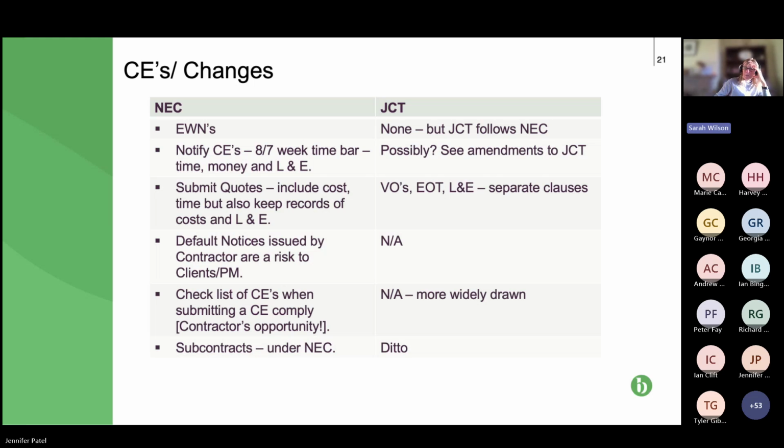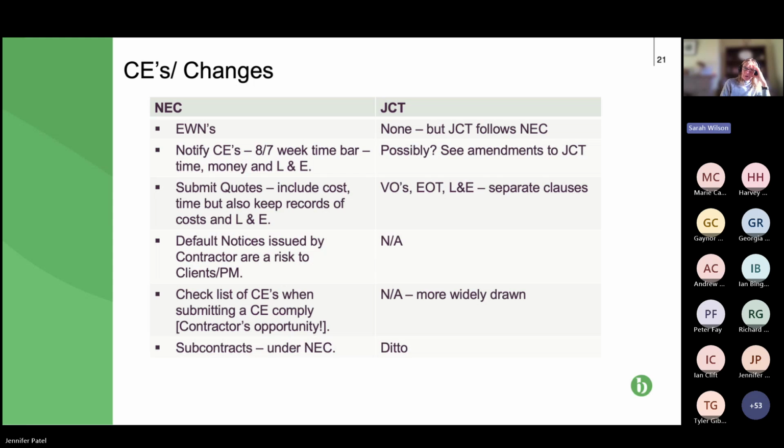So of course they had to put in penalties, checks and balances to make sure there were no surprises for the paying party, and also penalties to incentivize the contractor or subcontractor to comply. So we have early warning notices and penalties for not complying.